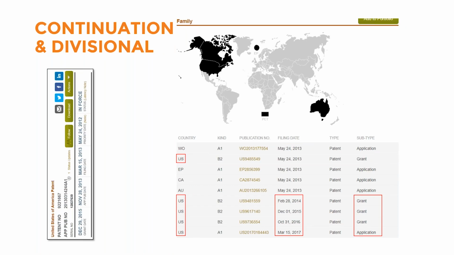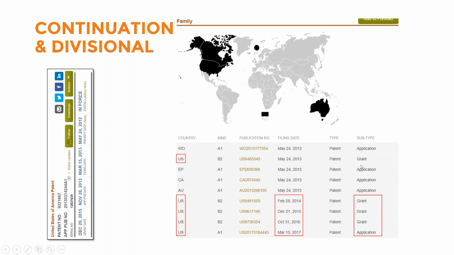Okay, so let's take a look, just to fill out the picture here. In addition to the international filing practice, we've got the continuation and divisional practice. The items highlighted here are the U.S. continuation/divisional matters that were filed off of the U.S. parent.